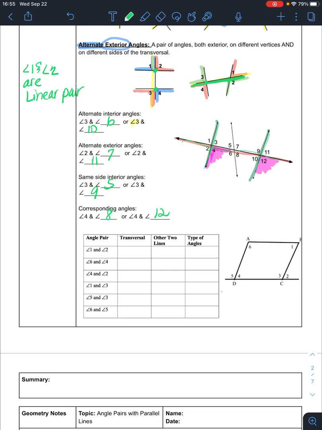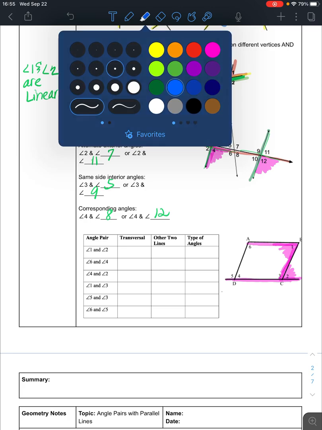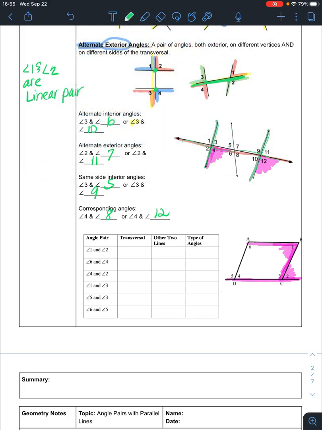Okay, so let's look at the next one. Let's get some practice finding them. I want to look at angle 1 and angle 2. So here's angle 1 and here's angle 2. If I trace the whole lines that are formed by them, 2 is an extension of this line right here. So we're looking at this angle and this angle. Again, highlighters are really good in this case. So the question is, what is the transversal?